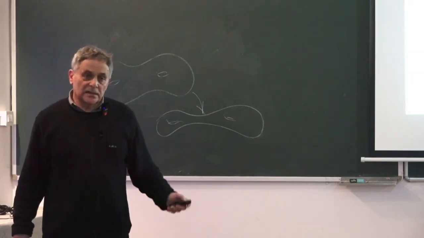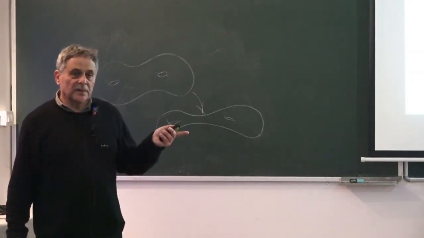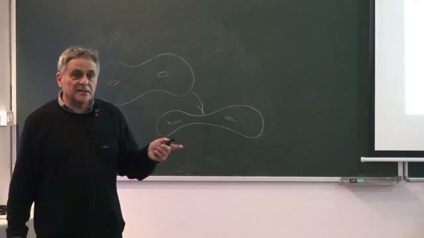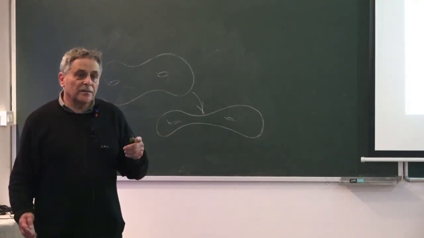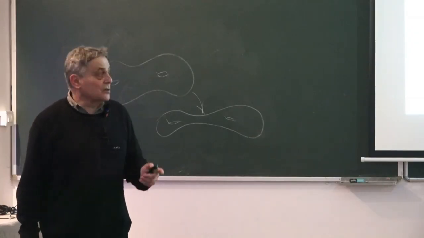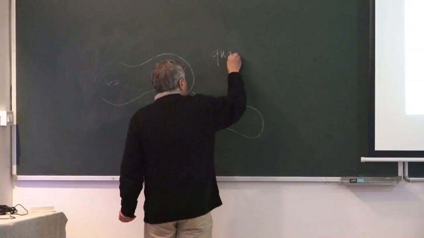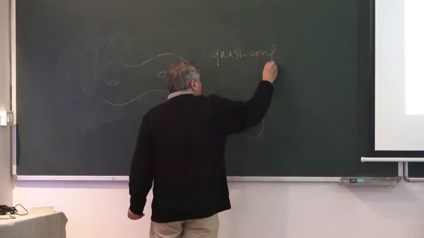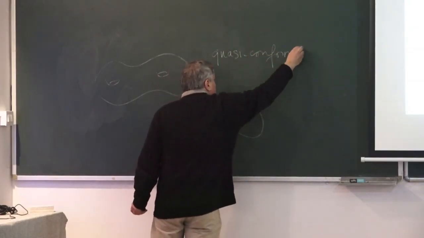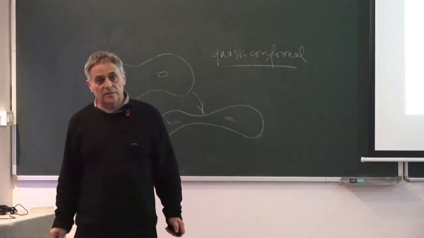The question which Teichmüller asked is, what is a best conformal map, a best close to conformal map, or a best quasi-conformal map? Quasi-conformal means best close to conformal.